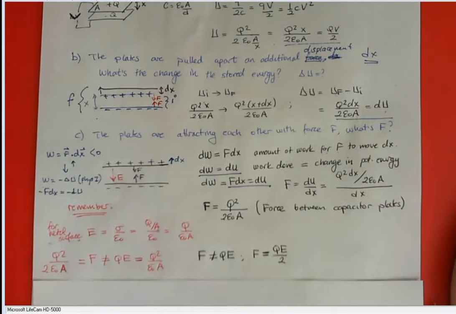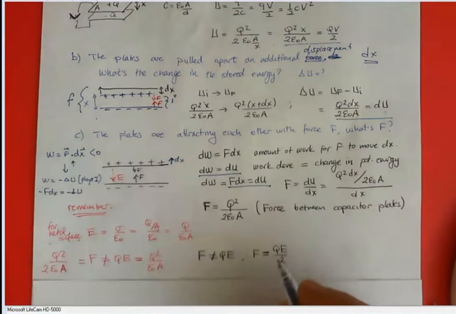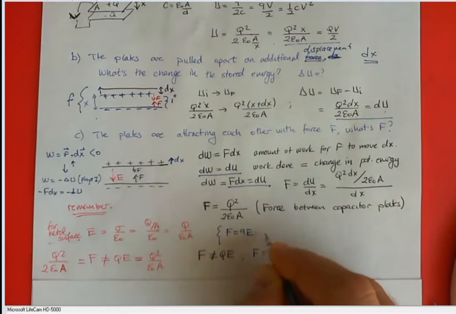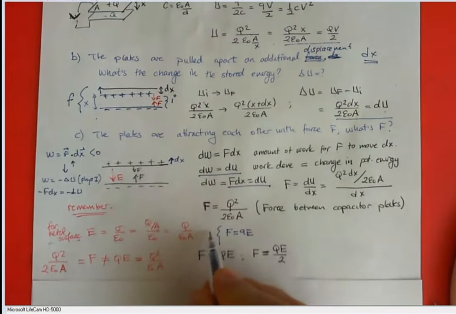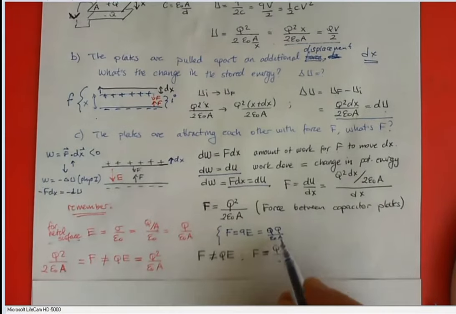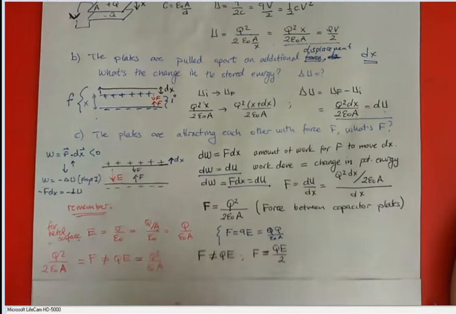And then we know the definition is F is equal to Q times E. If you just follow this, that would be Q times E, which is Q divided by epsilon 0 A, so Q squared divided by epsilon 0 A. I have written it already.